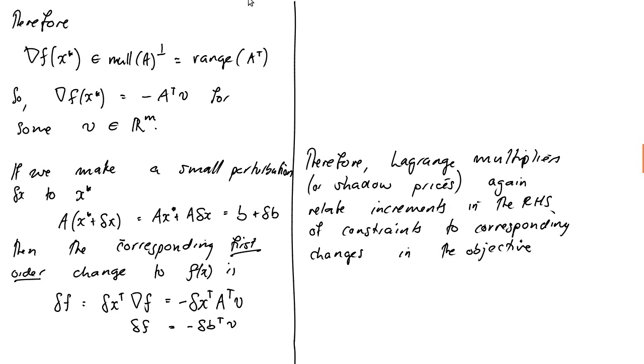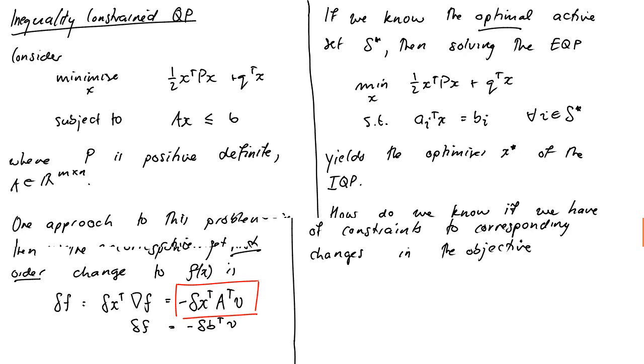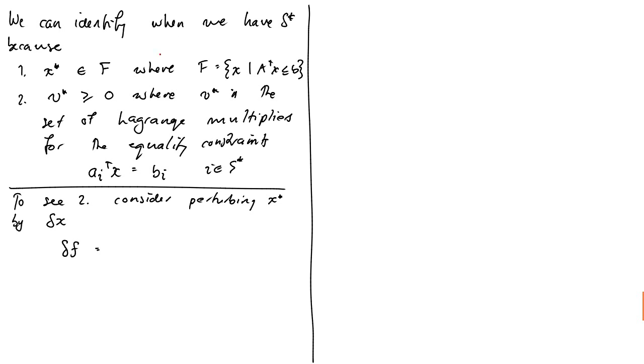Okay, we'll take this form here. Negative delta x transpose A transpose nu. Okay, and I'll write that matrix multiplication out as a sum, because we're only looking at a certain set of the constraints. Negative delta x transpose times the sum.